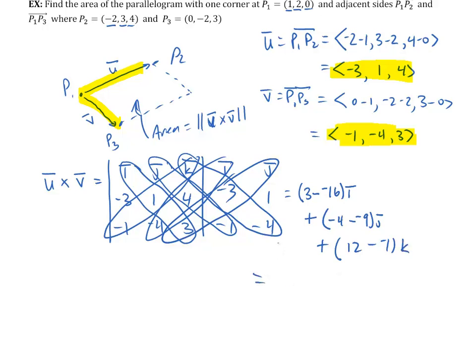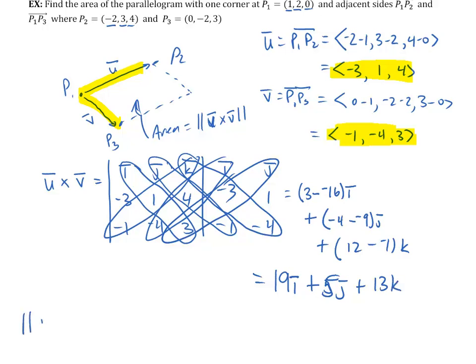Forward diagonal for k is 12, minus the back diagonal for k, which is a -1. So that gives me 3 plus 16 is 19i, plus -4 plus 9 is 5j, plus 12 plus 1 is 13k.